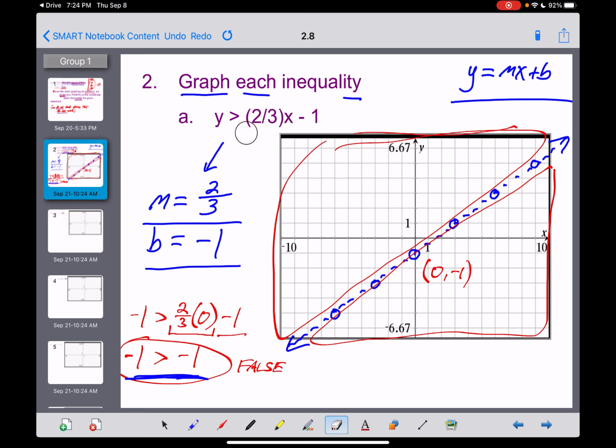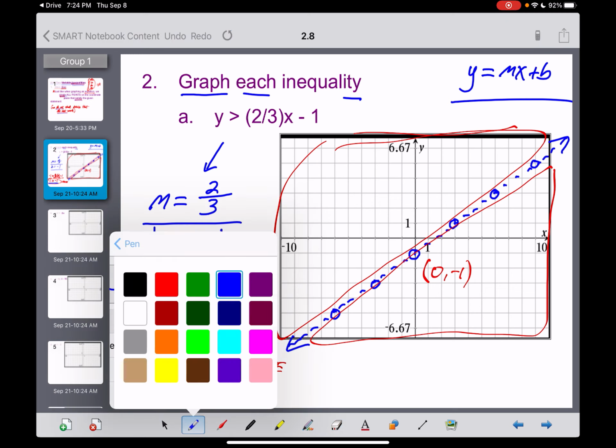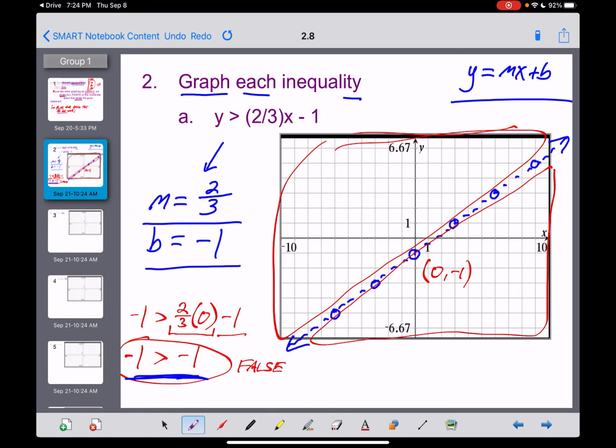So the way we're going to do that, everybody, I'm going to show you one method and then I'm going to give you a shortcut here, is we're going to choose a test point. And the easiest point in the world to check, everybody, is the origin, right here at the point (0, 0). Now, that point is close to the line, but not quite on it. That means it's either going to work or not work, and we're going to plug (0, 0) in and find out.